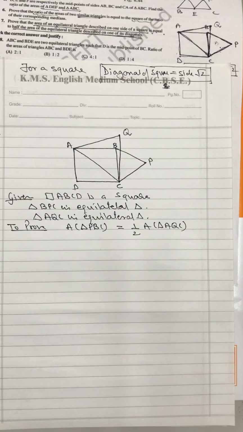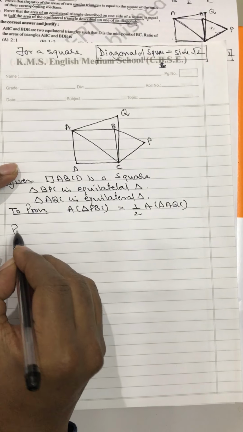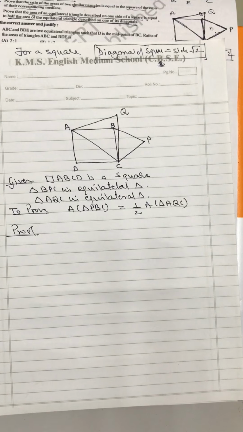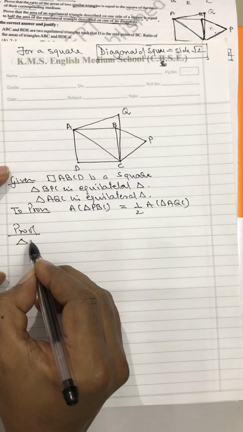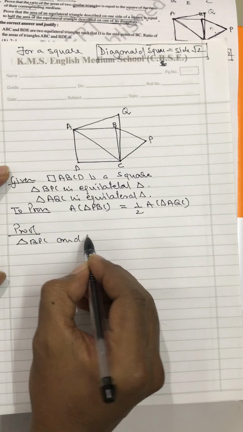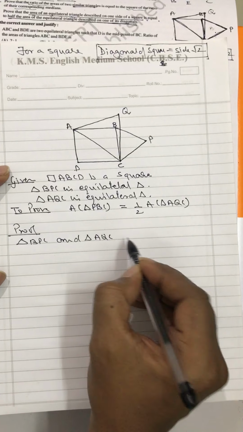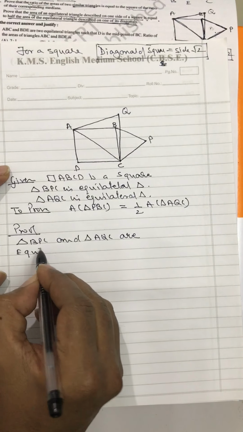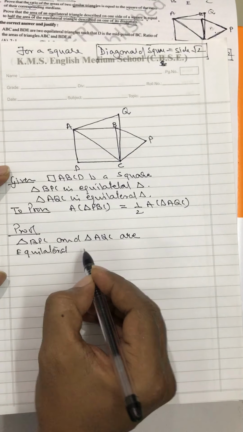It is very easy. See, basically what happens. First of all, what do you talk about triangle PBC and AQC? How will you prove them? Similar. Triangle BPC and triangle AQC are equilateral triangles, right?